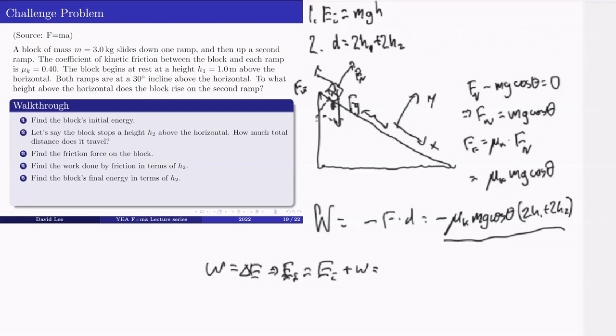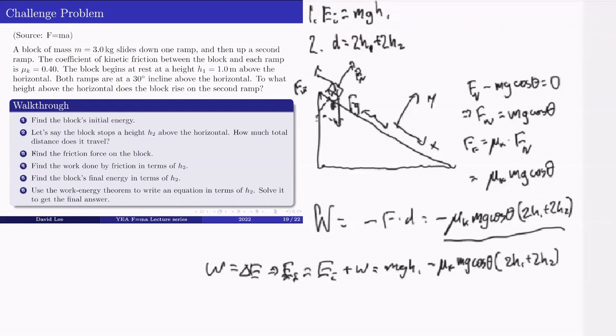Well, we know our initial energy, it's mgh1 here, and we know our work, that's negative mu k mg cosine theta times 2h1 plus 2h2. All right. That is our final energy.